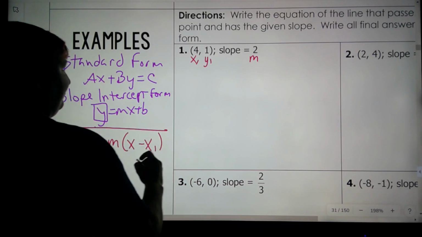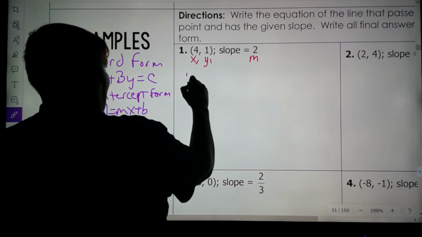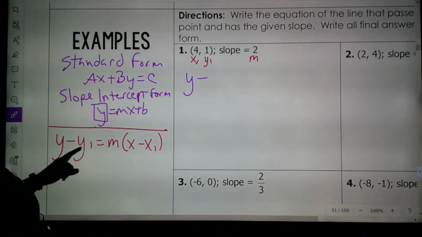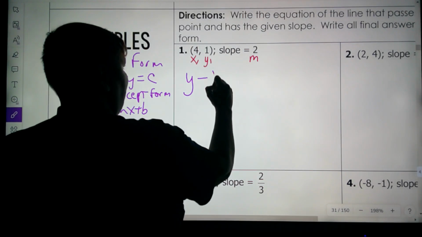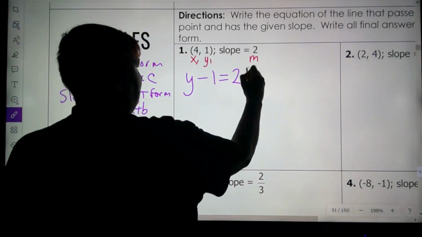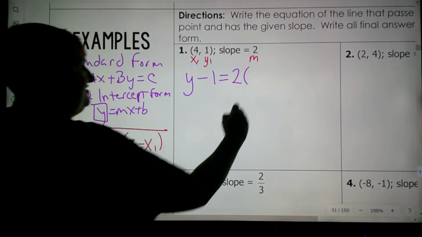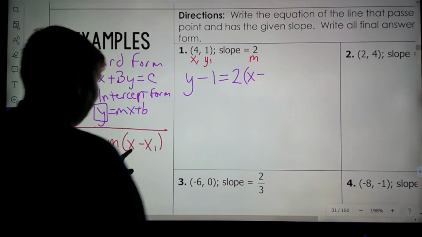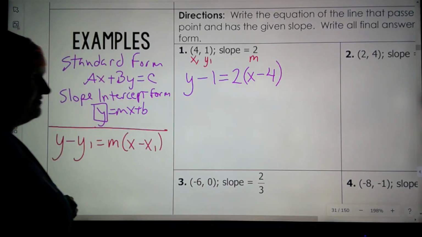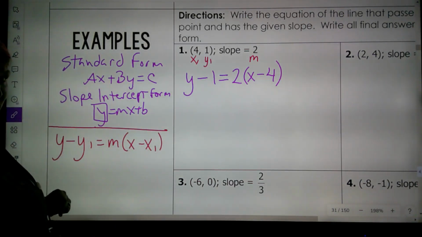So let's input the formula. y minus, because there's a minus in the formula, y1, which is 1, is equal to m, which is 2, times x minus, because there's a minus in the formula, x1, which is 4. Can you solve that?